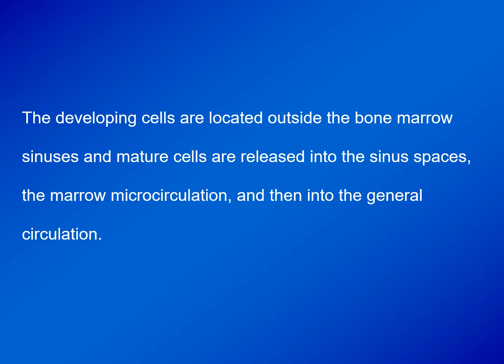So all the developing cells are located outside the bone marrow sinuses, and mature cells are released into the sinus spaces, the microcirculation, and then into the general circulation.